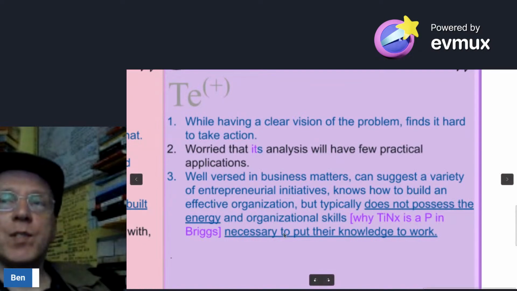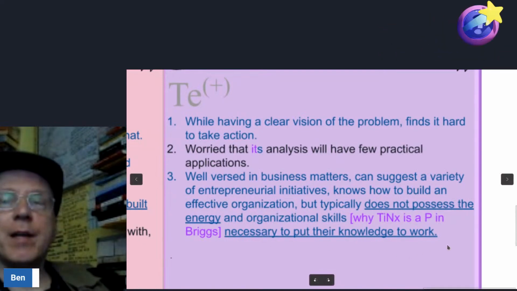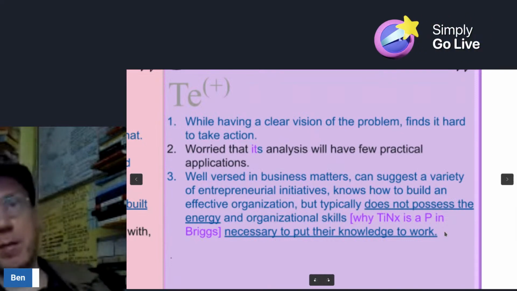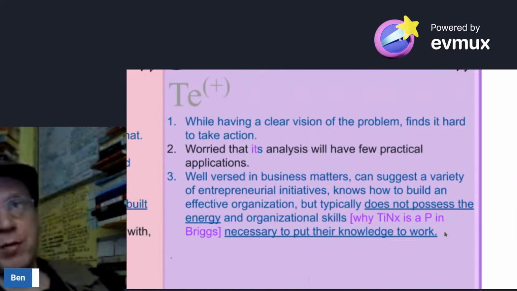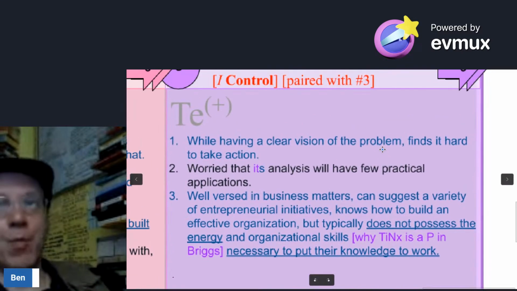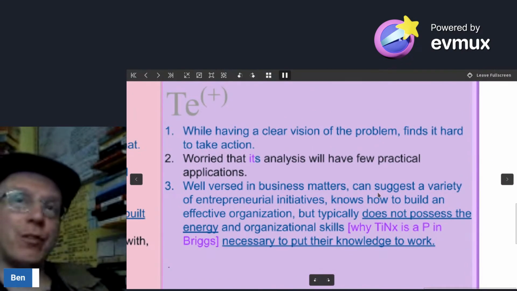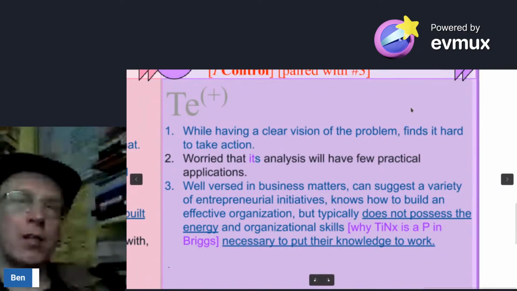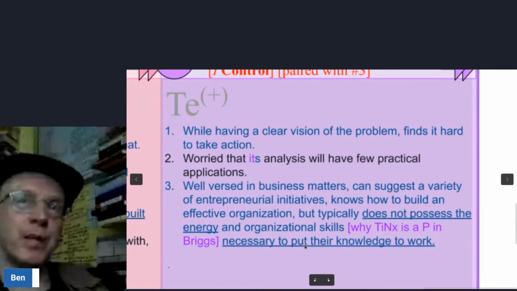Typically does not possess any necessary to put the knowledge to work. But that's sort of well valued. What you sort of get from this depiction of this person is, if you were to read this about someone, you'd say, so all this person needs is some self-discipline and this person can do it.